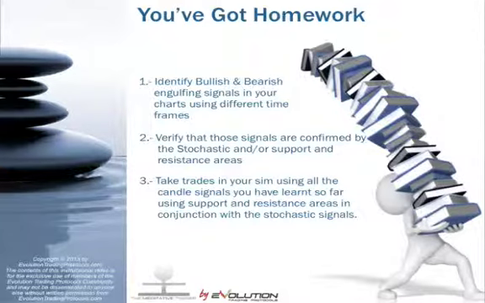In other words, don't take only bullish or bearish engulfing patterns, also take bullish hammers, also take shooting stars, take all the signals that you know so far, particularly when they are in combination with support and resistance areas or stochastic signals. And last one, send all your trades for correction.